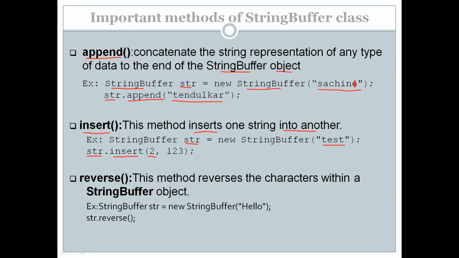So at 0th position we have T, at position 1 we have E, at position 2 right now we have S, and then at position 3 we have T. Now at position 2 I want some other string to be inserted, and whatever we have at position 2 right now has to be moved to the next index position.